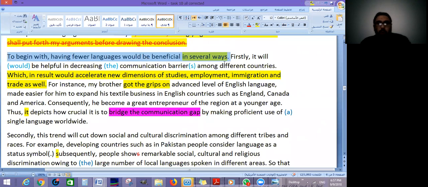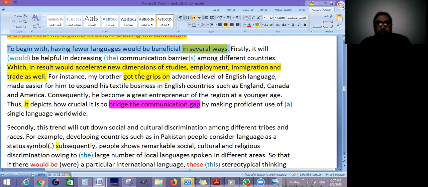Okay, also we started off with "firstly," which gives us the idea that we're going to have maybe 2 or 3 different supporting ideas, and there was only one. There was one supporting idea here. So that is something related to coherence and cohesion, how well the ideas are presented in a logical manner. Here I have "firstly," and here I have "secondly."